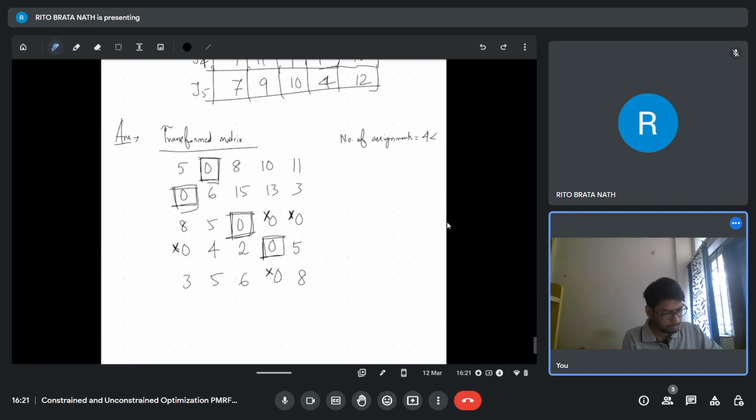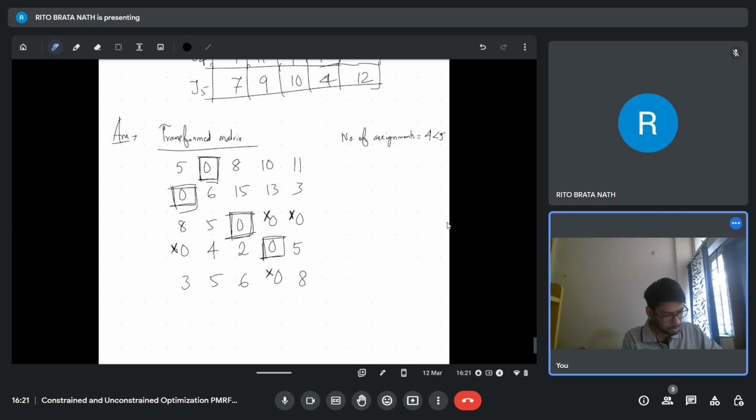Okay, so here, this is the ticked row. Then this is the ticked column. And once you do that, kind of delete everything from that. So this will be again a ticked row.